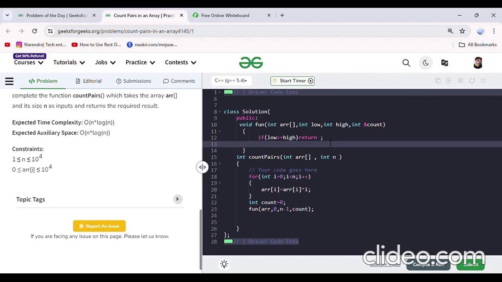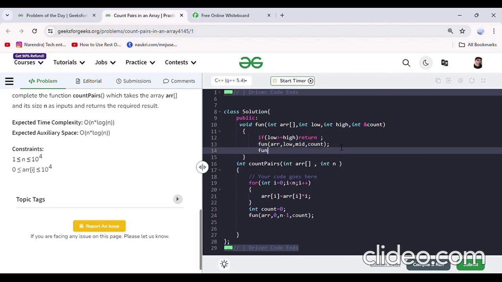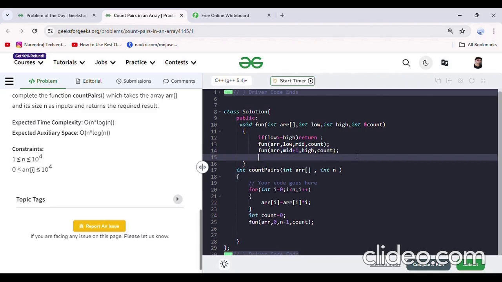Now fun arr, low and mid and count, and fun mid plus 1, high, count.